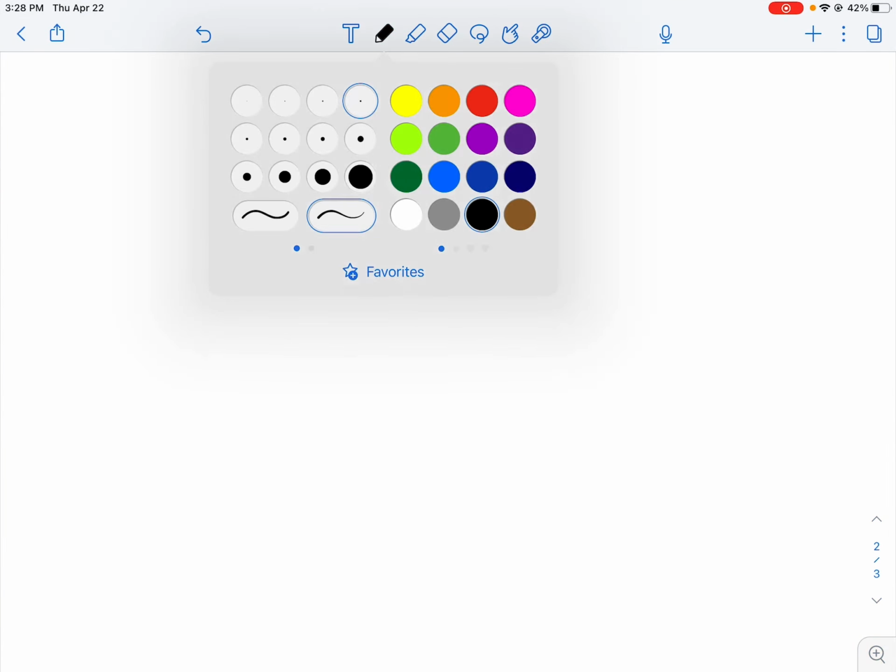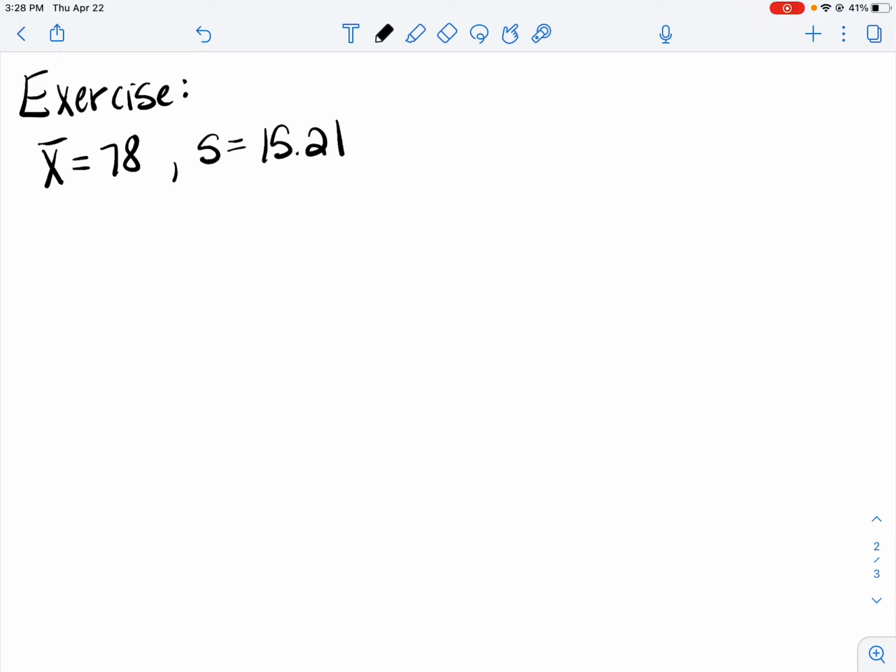And I'm going to scroll over to Notability once again. Just to review, we found our X bar was 78 and our S was 15.21, and that comes from the calculator.